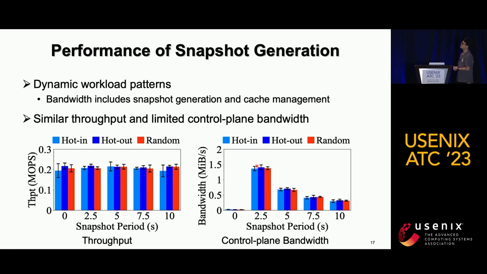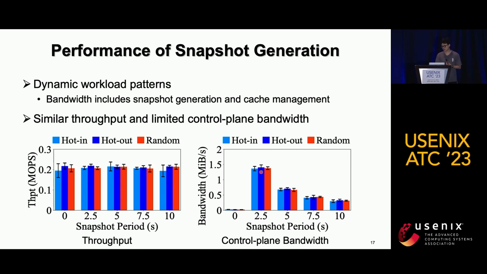Here's the last experiment I will introduce today. It's about the performance of snapshot generation. Here we use dynamic workload patterns, and the bandwidth includes both snapshot generation and cache management. We tune the snapshot periods. The result shows that on different snapshot periods, our snapshot generation has limited effect on the system throughput of FarReach.